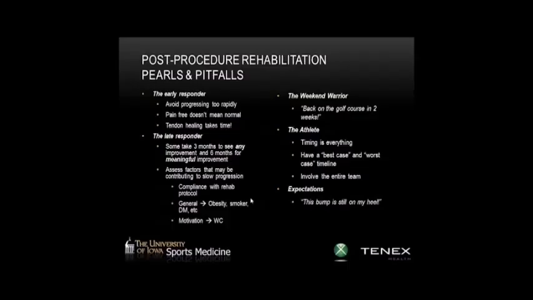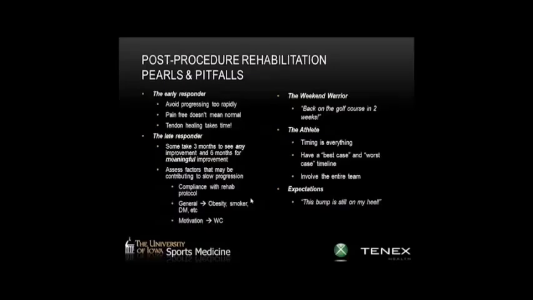The athlete is another one that can be challenging. Here timing is really important, and some of these individuals, again, will expect a quick cure. They may think that this is just going to be better in a week or so, and I really try to sell it to them as a surgery and time it with their season, with their events.